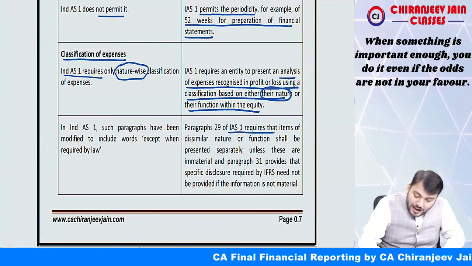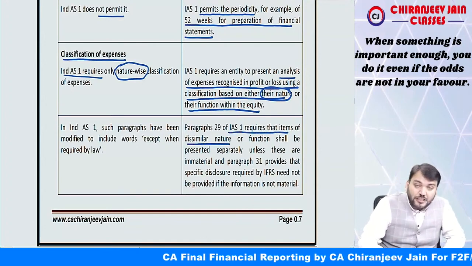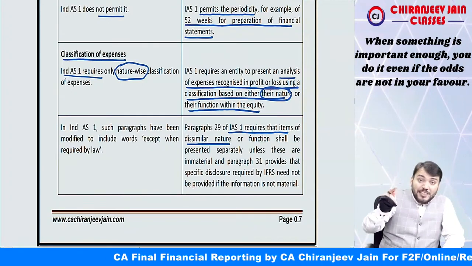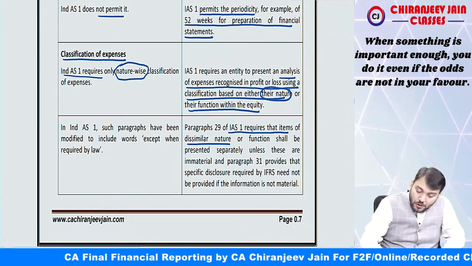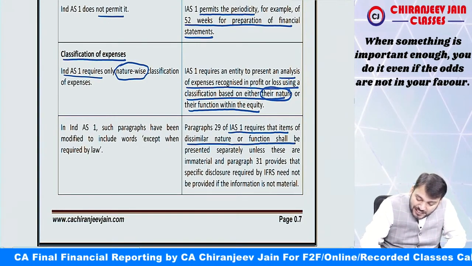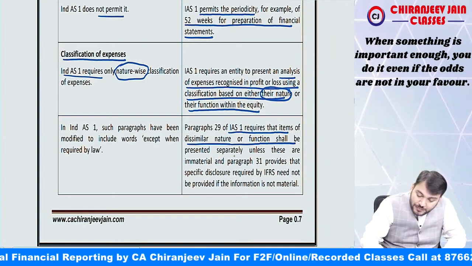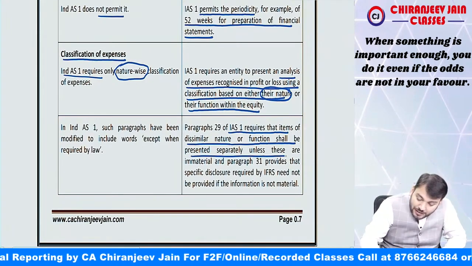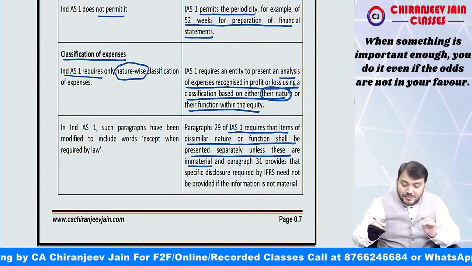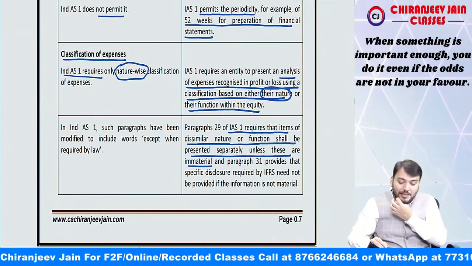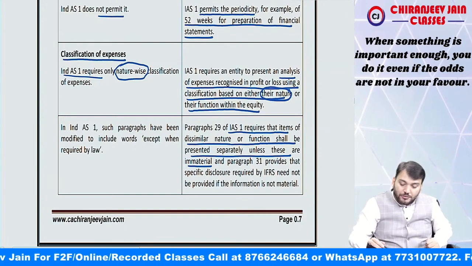IAS 1 requires that items of dissimilar nature or function shall be presented separately unless these are immaterial. Correct? Understood what I am saying?